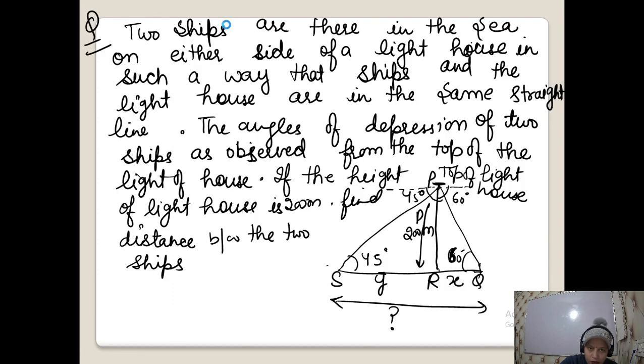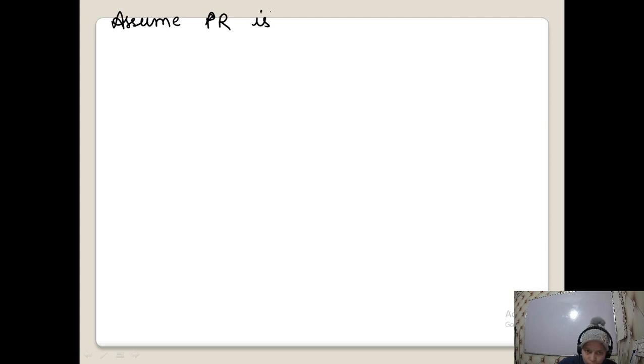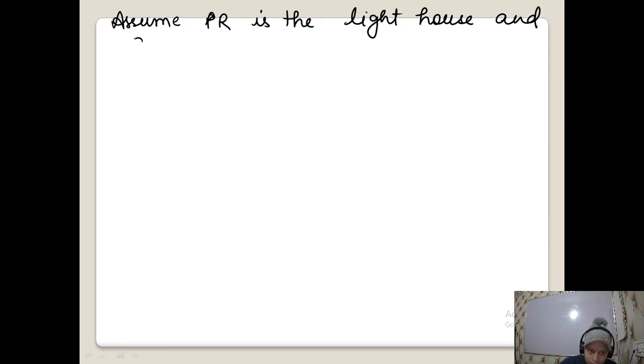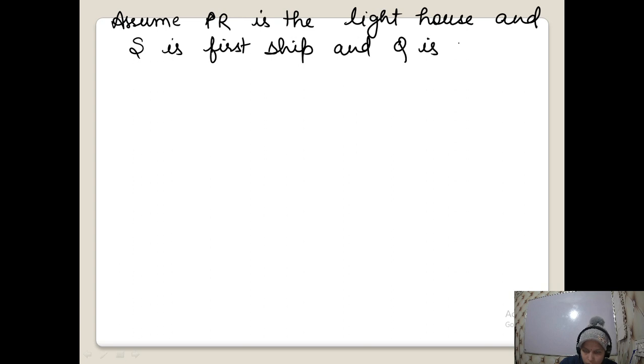Assume here PR. PR is the lighthouse, and S is one ship, first ship, and Q is second ship.